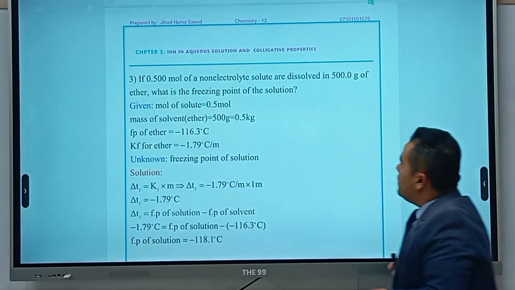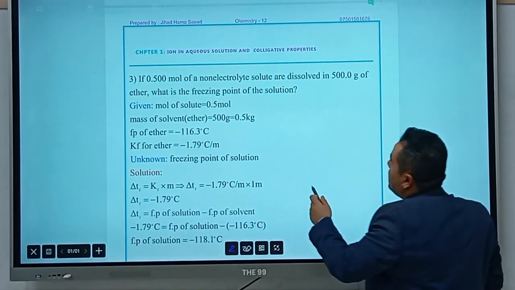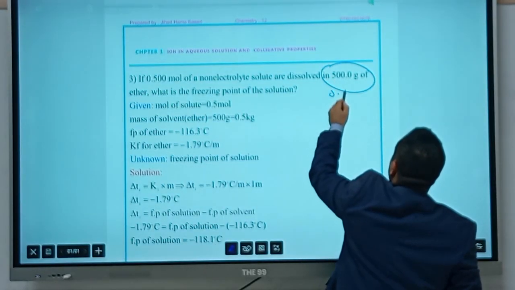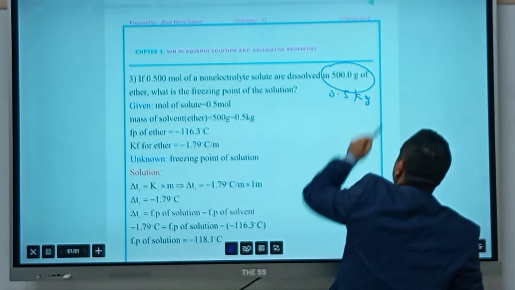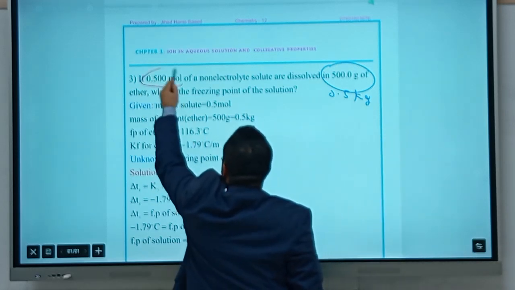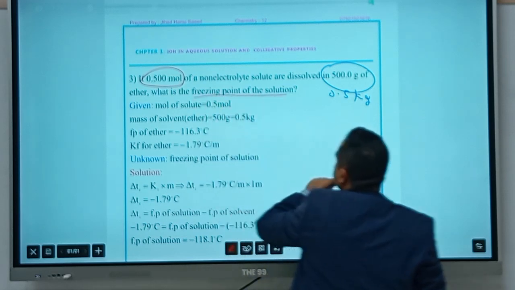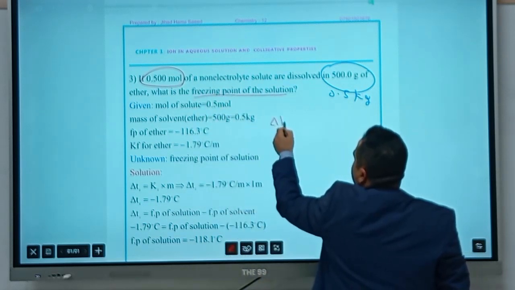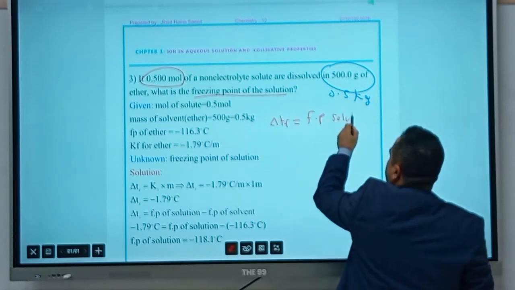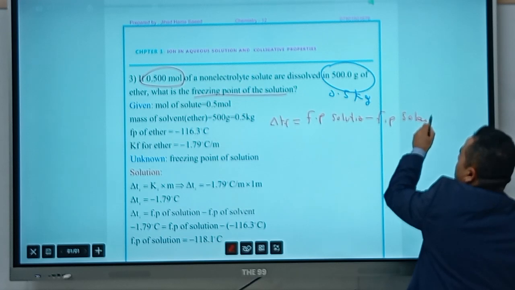More questions, guys. If 0.5 mole of a non-electrolyte solid is dissolved in 500 grams, so this should be 0.5 kg, change it. And the moles are given directly. What's the freezing point of the solution? Guys, delta TF is equal to freezing point of solution minus freezing point of solvent.